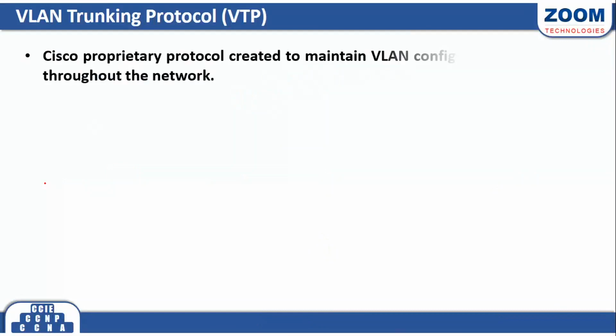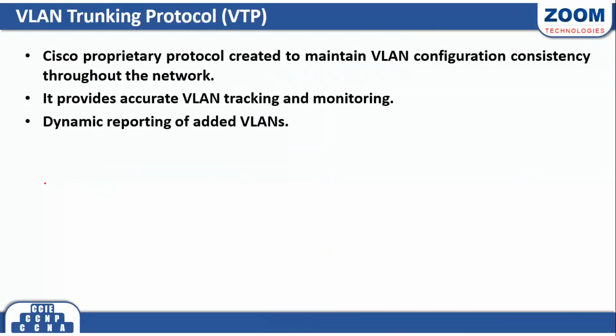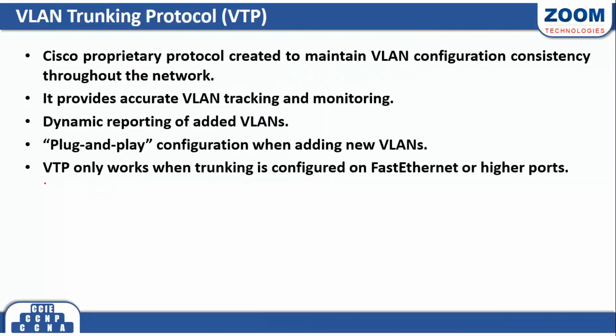VLAN Trunking Protocol is a proprietary protocol created to maintain VLAN configuration consistency throughout the network. Dynamic reporting: if you just add any switch in the network, VLANs will come automatically. VTP only works when a trunk is configured on Fast Ethernet or higher ports. Your trunk links must be minimum 100 Mbps ports.